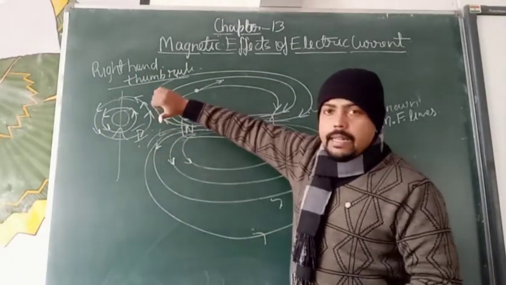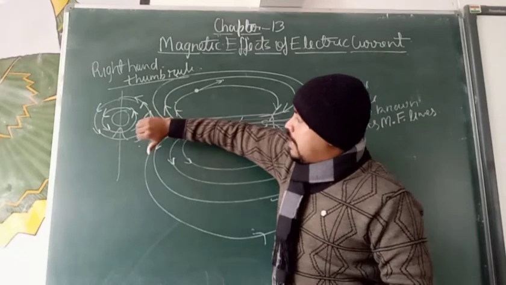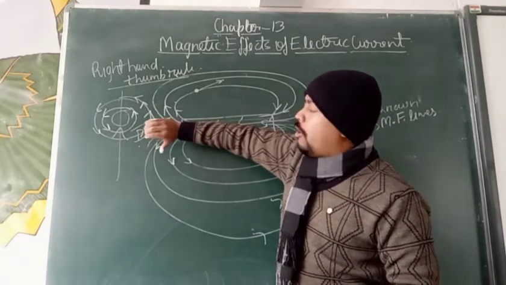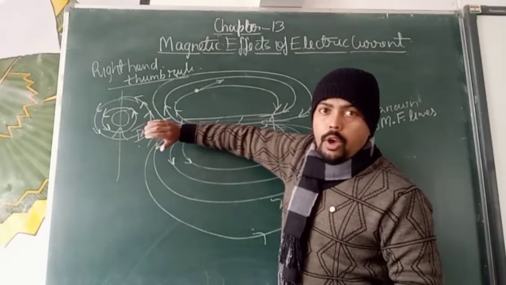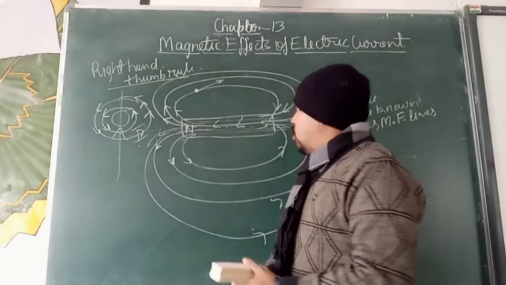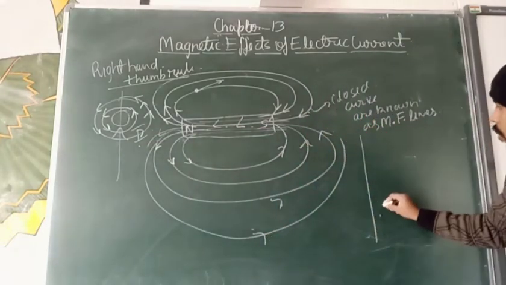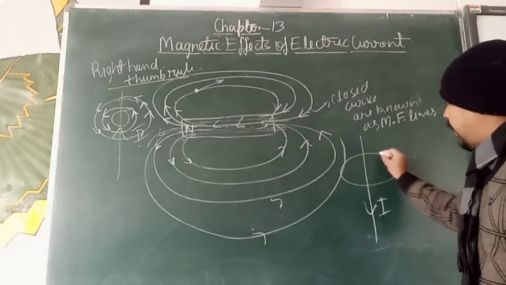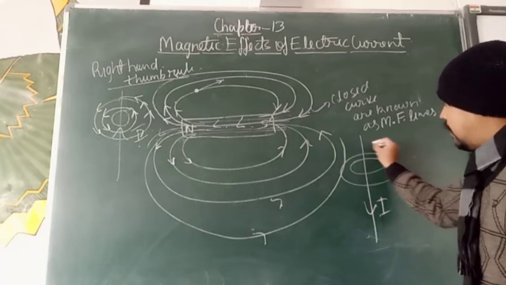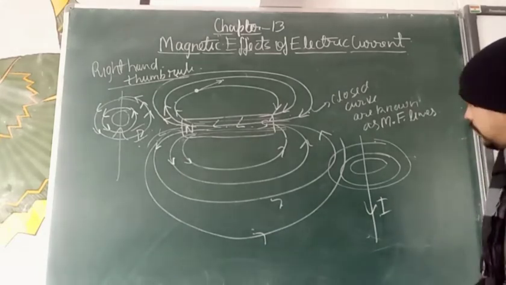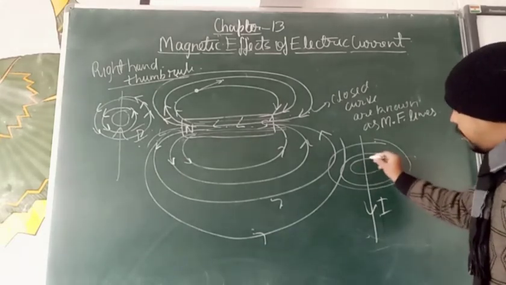But what happens when the current goes down? Now the curl of our finger is in the clockwise direction. So now we can draw the figure like that and represent the magnetic field curves like this. What will be the direction of the magnetic field line?